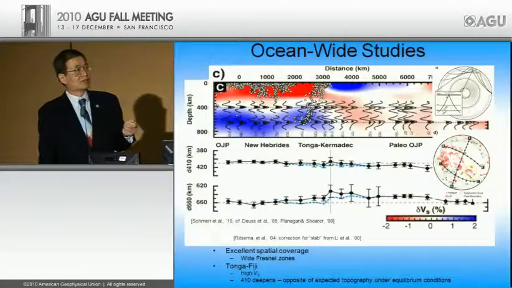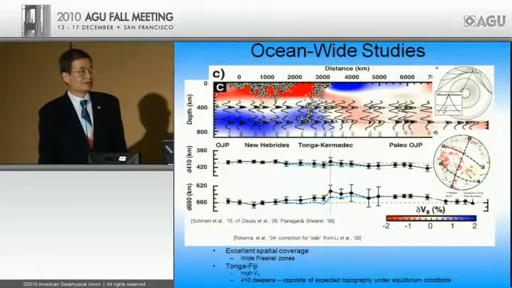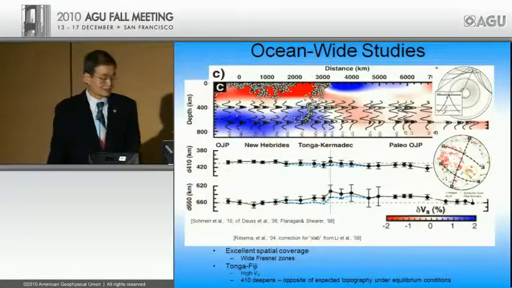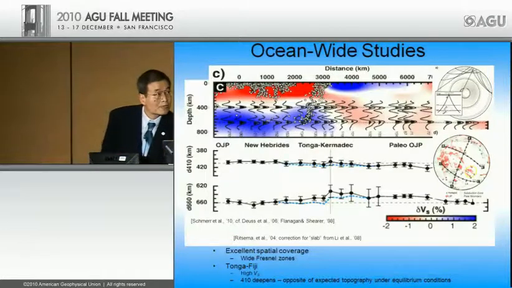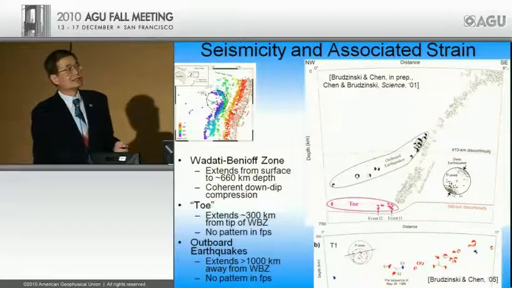So when you pump cold material down, the 410 should be elevated if we are under chemical equilibrium. But if you look at the data carefully, there is certainly no indication of this elevation, and that is very interesting. So now we look in detail at this Tonga subduction zone.